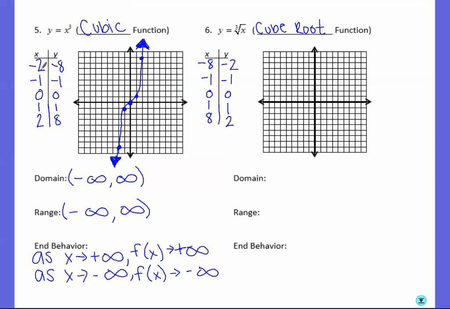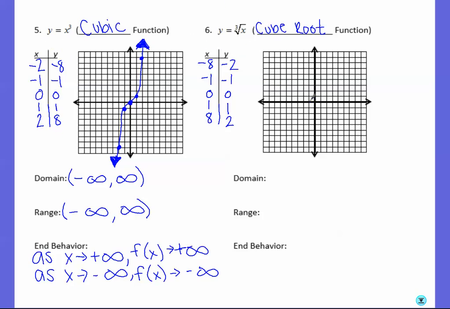So, since -2 cubed was -8, that means the cube root of -8 is -2. Just like down here. 2 cubed was 8, so the cube root of 8 is 2. These two functions are inverses of each other, so we just have to switch their x and y values.